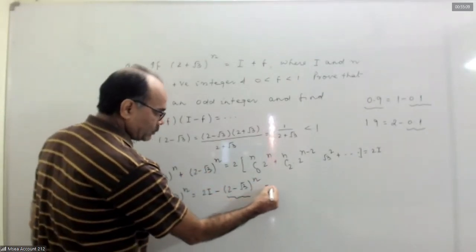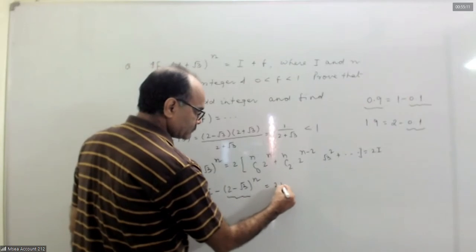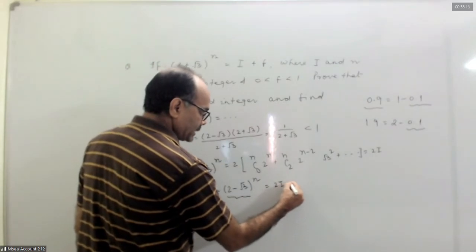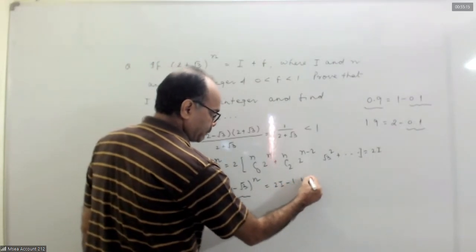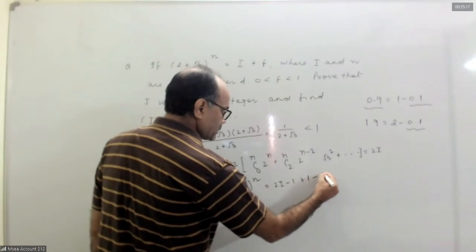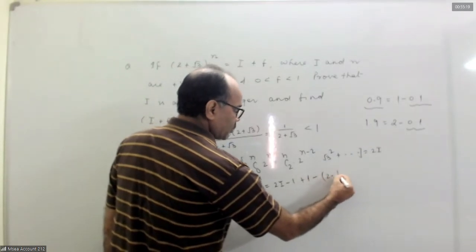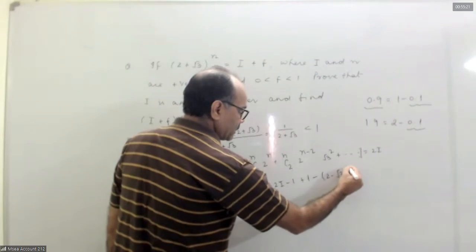So I can write it as 2I minus 1 plus 1 minus (2 minus root 3) to the power n.